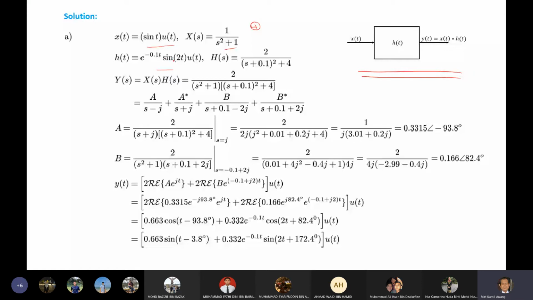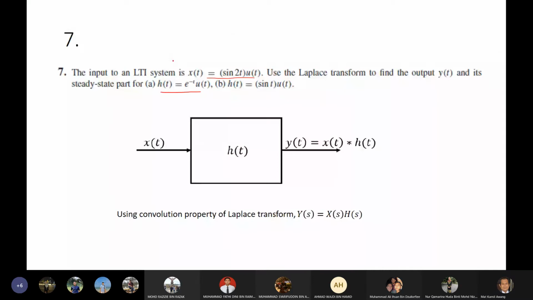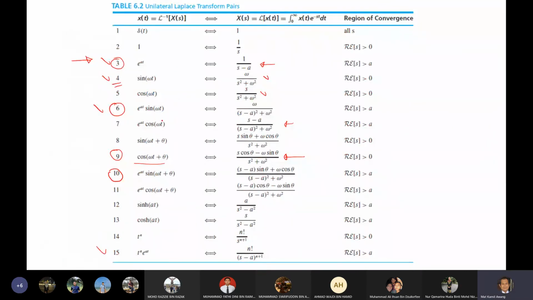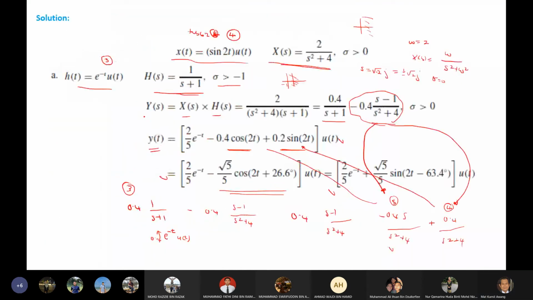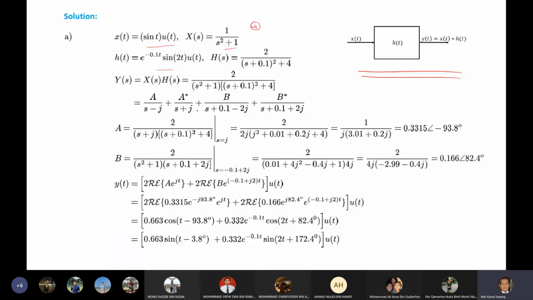This e to the minus this sine, so basically number 6. So this is number 6 from the table, right? Then you multiply. So you get this, right? And you need to decompose and find the numerator. So you get this.